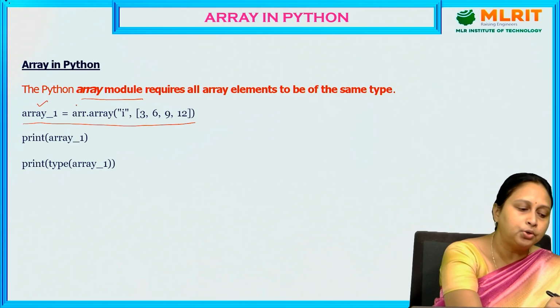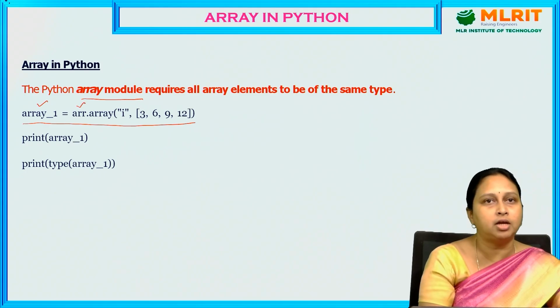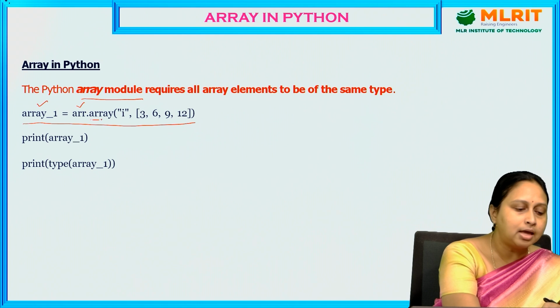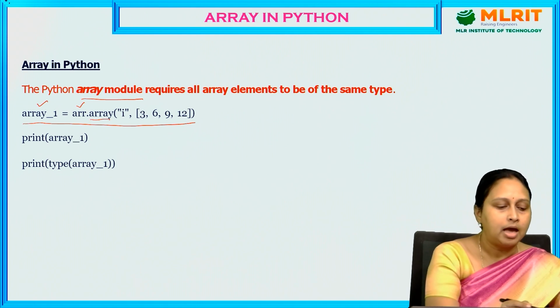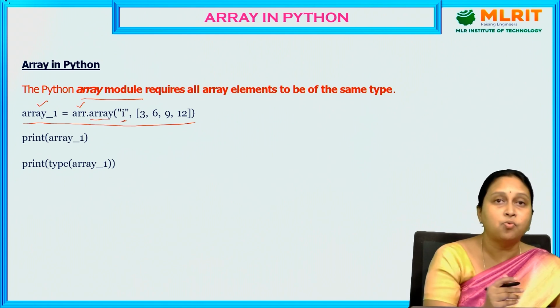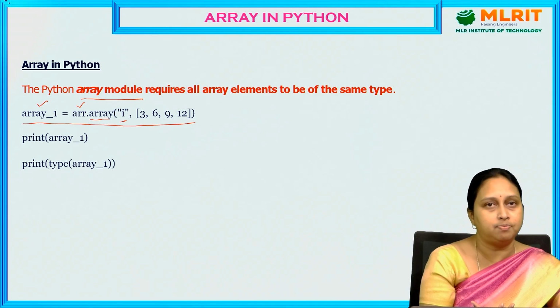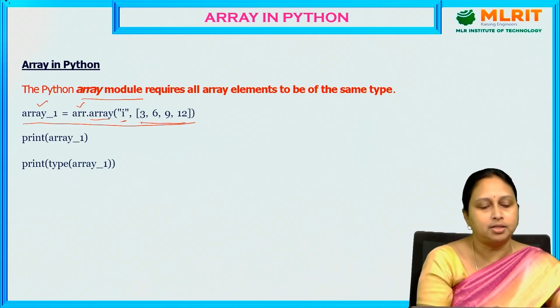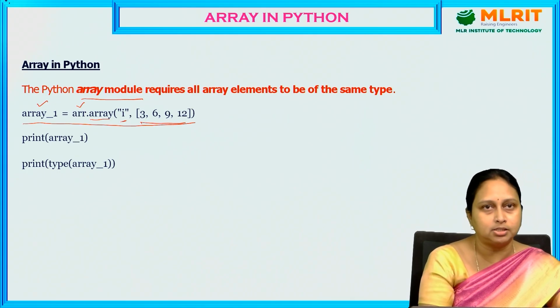As I told you, ARR is the module which we have imported and given an alias name, and this is the array name, and I represents what type code we are using, or what type of integers we are taking, right? And we pass however many integers we want.